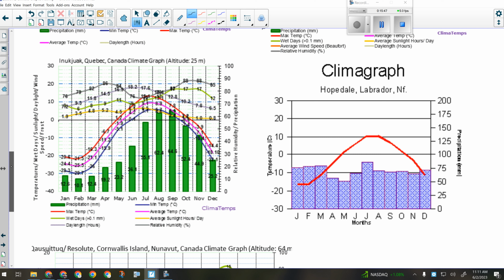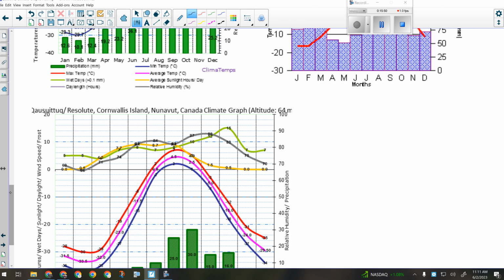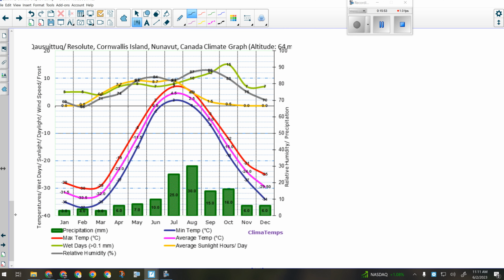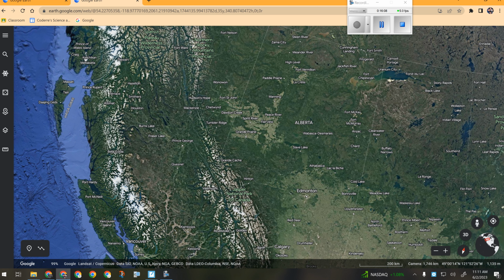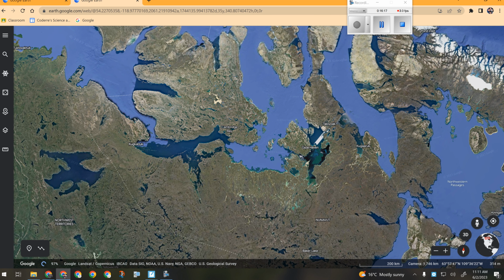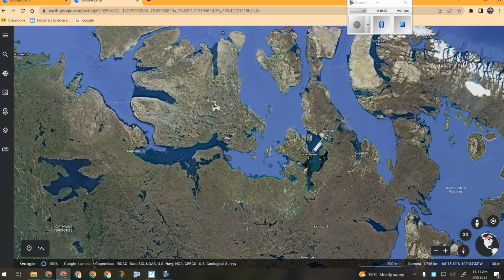but I thought it fit pretty well with those other ones. And then I would say that Resolute needed to go by itself, simply because its precipitation was so much lower and its temperature was so much lower than the other places. If we're looking at the map again, we're looking at some places that are pretty far up there.